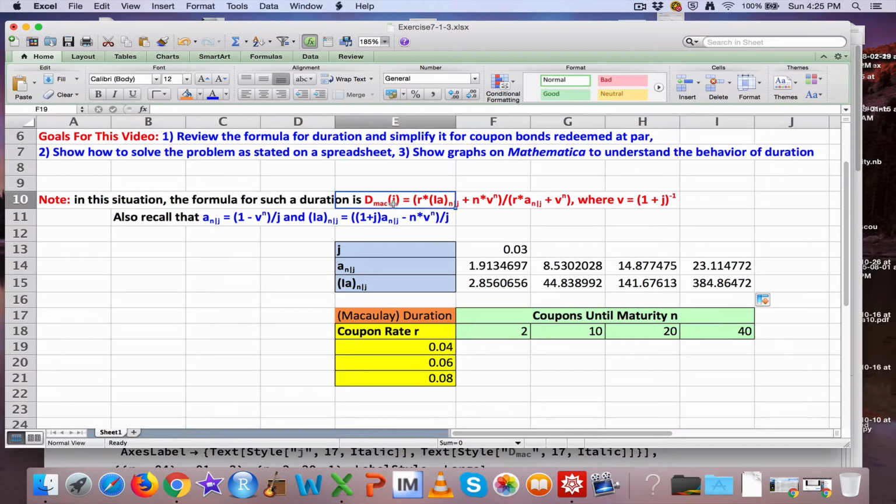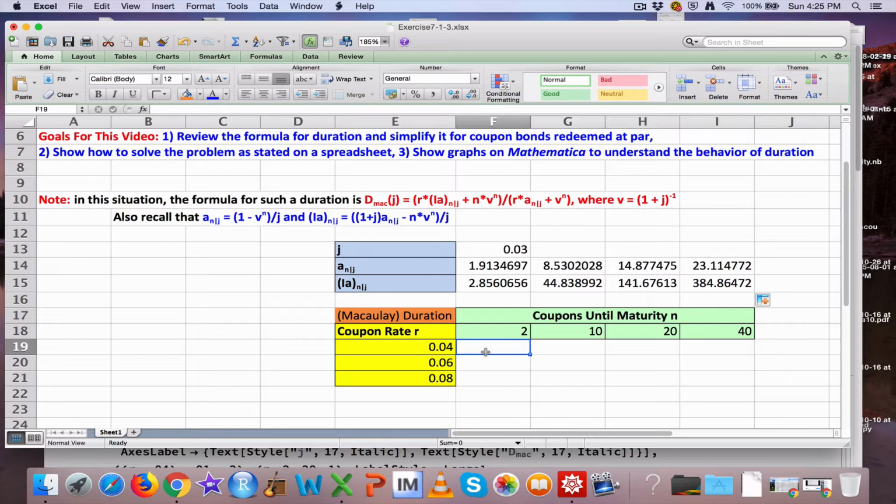Now I want to use the formula for the Macaulay duration here that we see here for this special case of a bond, a coupon bond redeemed at par. So I want to use these numbers. And I got to be careful. I need to use these numbers here and these numbers here. And I want to be careful that what I do is copy and pasteable in a nice way so I don't have to keep retyping things.